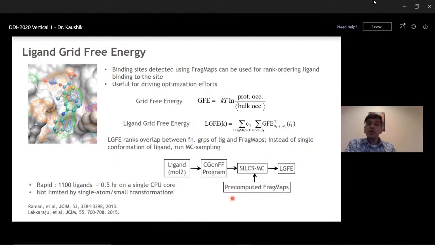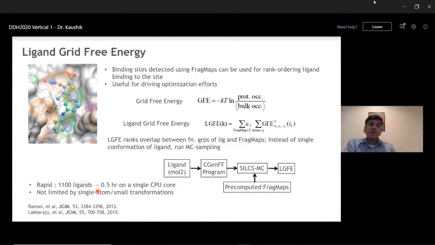So we take these pre-computed frag maps and run a Monte Carlo sampling of the ligand in the field of these frag maps, and get an ensemble of conformations that the ligand could be taking in the binding pocket. From that, we can then derive the ligand grid free energy.